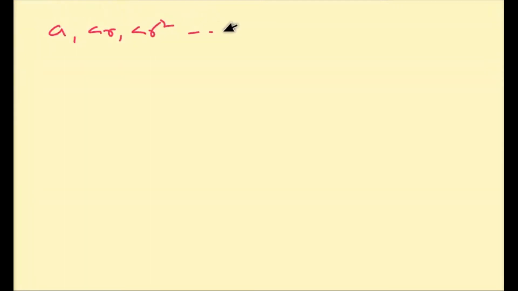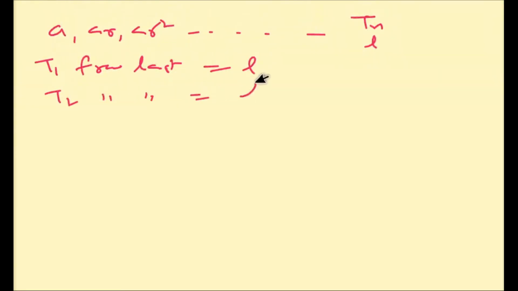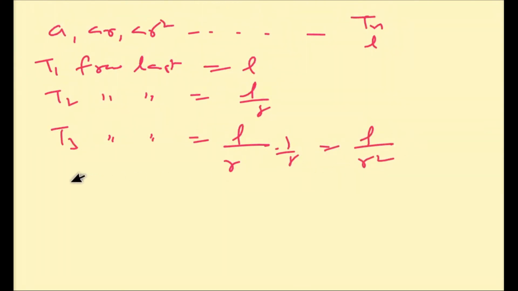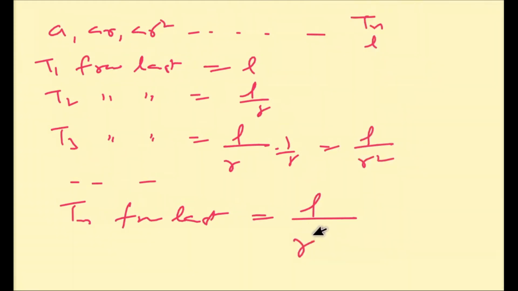So we can use this formula. The nth term is L. So T1 from last is L. T2 from last is L upon R. T3 from last is again dividing by R, so we get L upon R square. Similarly, Tn from last is L upon R to the power n minus 1.